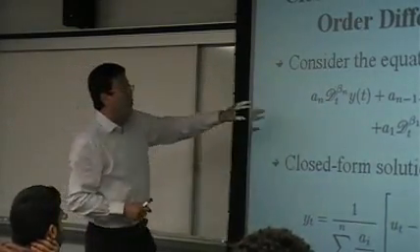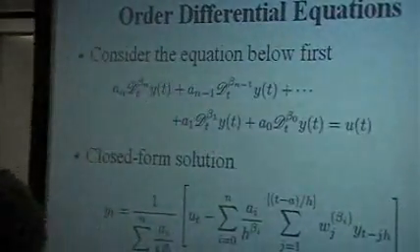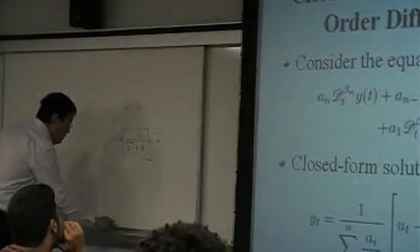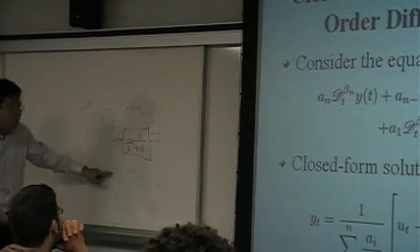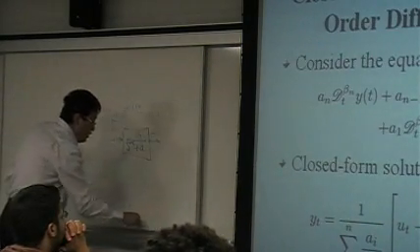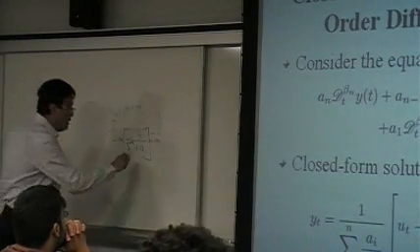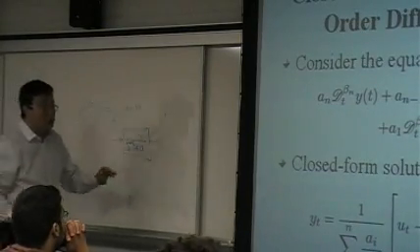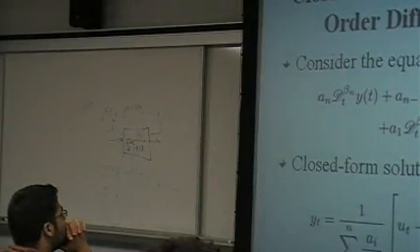Now we have to add these terms up. If we add these terms up, these are the terms with different weightings for the current value of y, and these terms are for the past values of y. We can move this part to the right-hand side of the equation, and finally we should get the closed form solution of the system like this.